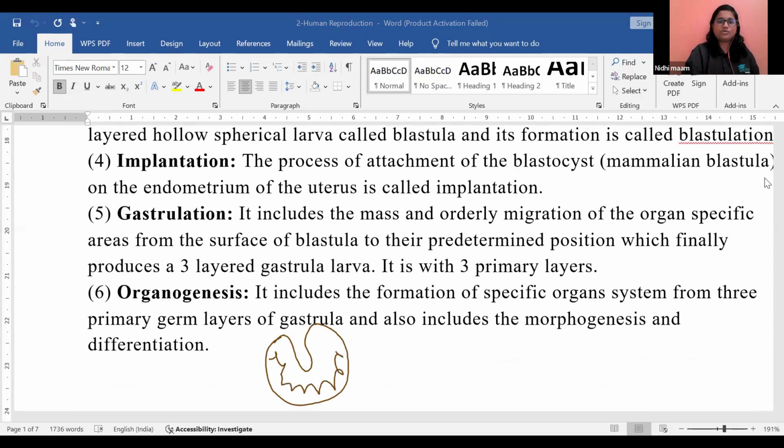The organs will be formed from the group of cells, and those organs will migrate. The heart will migrate to this position, the legs will migrate to this position. This migration is the process that occurs in gastrulation. Organogenesis is the formation of specific organs. This is all we have to remember.